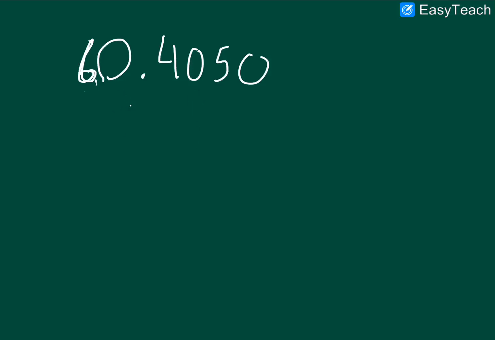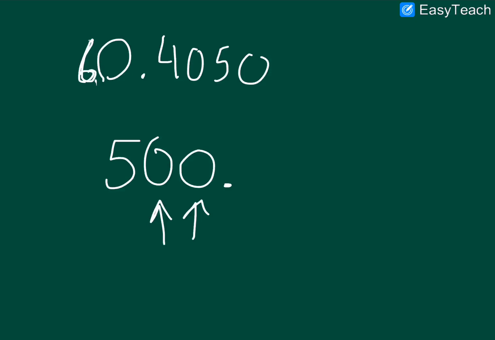Now, this is where it gets a little bit more tricky, but I'll try to explain these rules as simply as possible. Zeros after a non-zero but before decimals must have a decimal to count. So let me do a new number. If we have this, we are saying that these two zeros are insignificant unless they have a point right here.